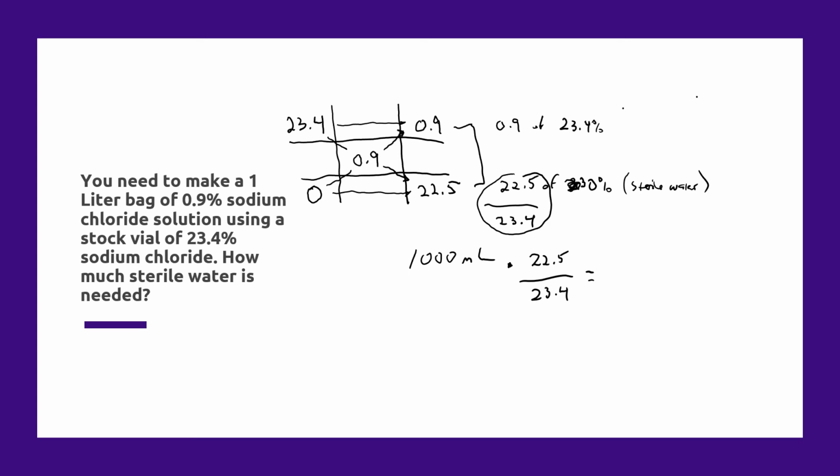And if we do that math, if you have a calculator handy, you can do 22.5 divided by 23.4 times 1,000, and your answer is going to be 961.5 milliliters, which you may round up, depending on which multiple choice answers you have available to you. And as you can see, this is just another way to solve this equation.